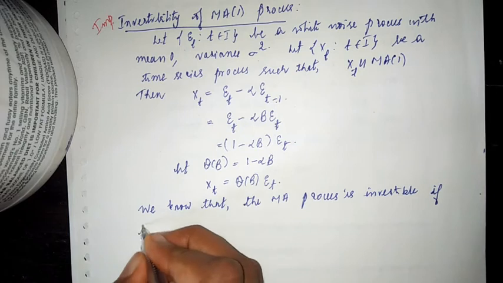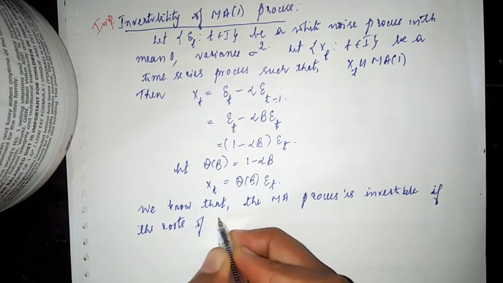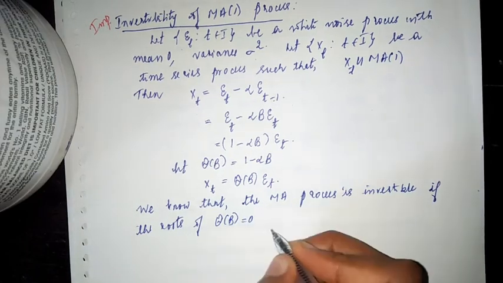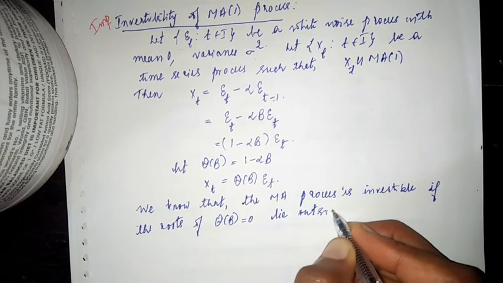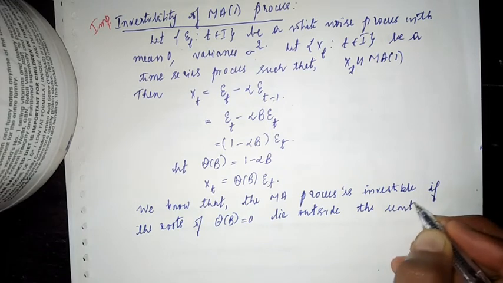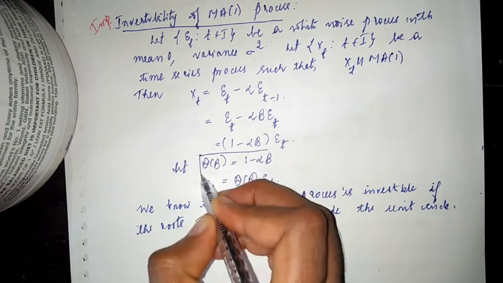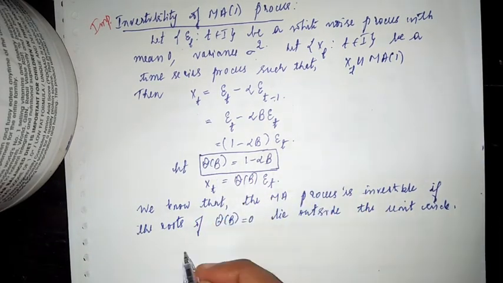If the roots of theta of B is equal to 0 lie outside the unit circle, right? So now we know what is theta of B in MA1 process. So let us find out the roots of theta of B is equal to 0.